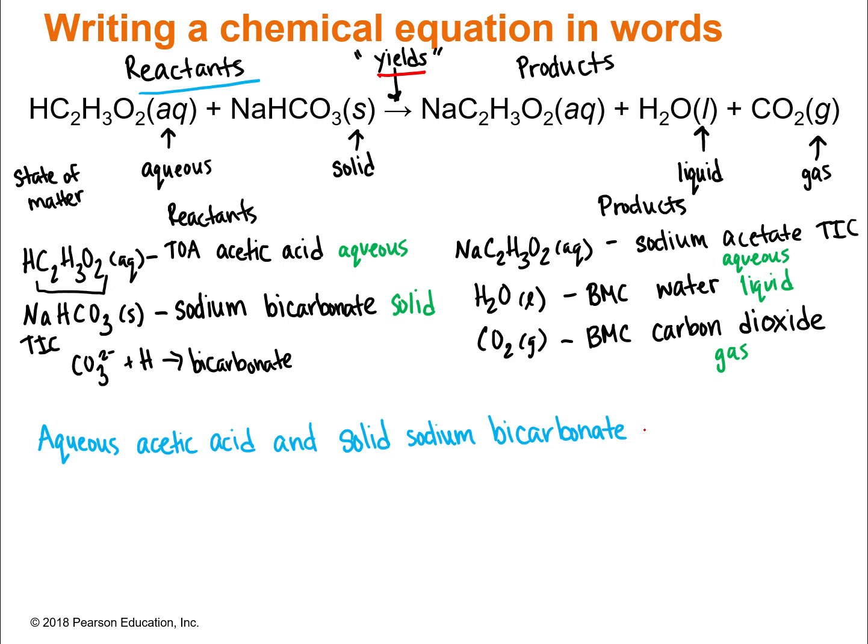So I can say aqueous acetic acid and solid sodium bicarbonate are combined to yield. And that's a pretty safe phrase that you can use just in general. The only time that you wouldn't want to do that is if you've only got one reactant. You're not combining it with anything.